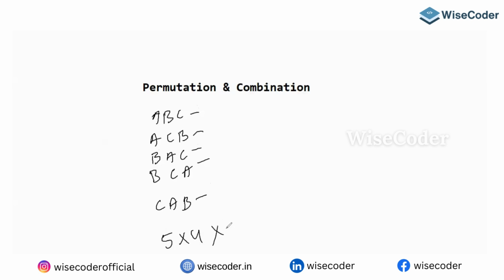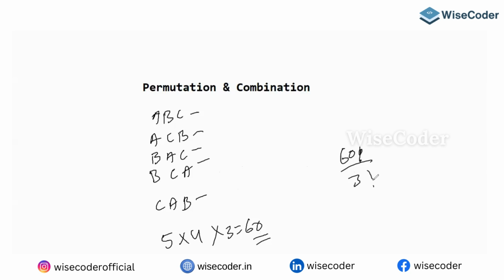That is 5 into 4 into 3, which gives you 60. The number of arrangements is 60. The number of selections is the total ways, 60 ways, divided by 3 factorial.